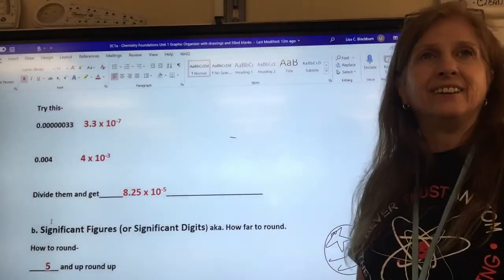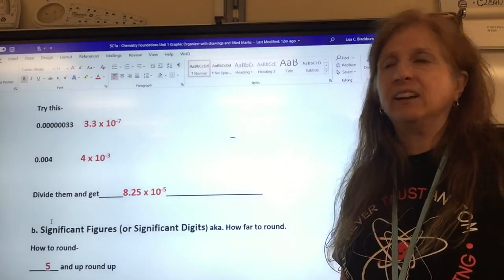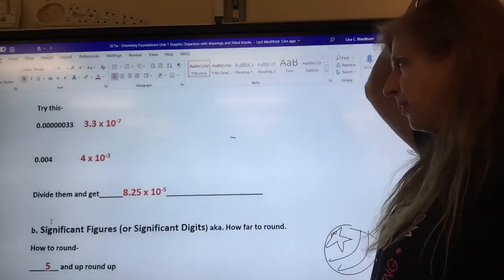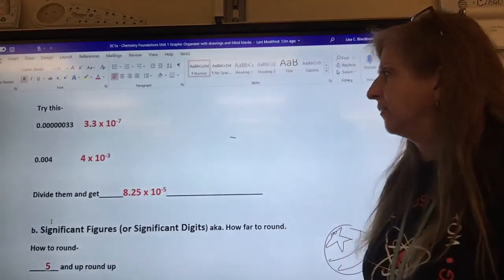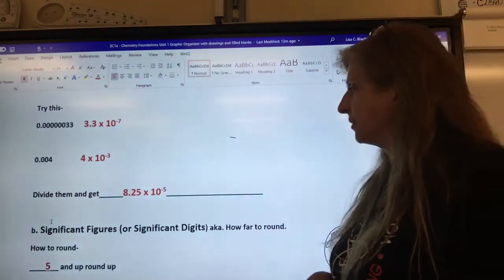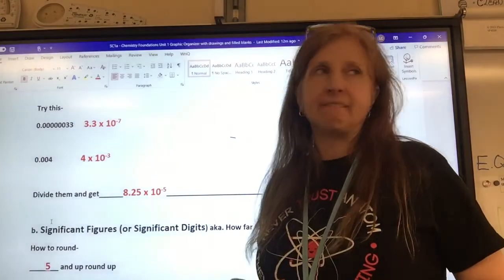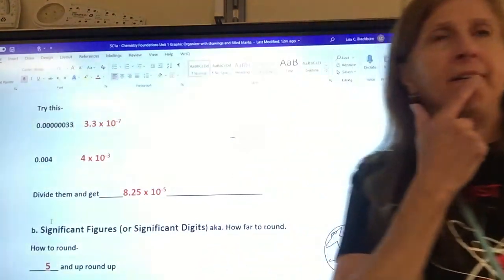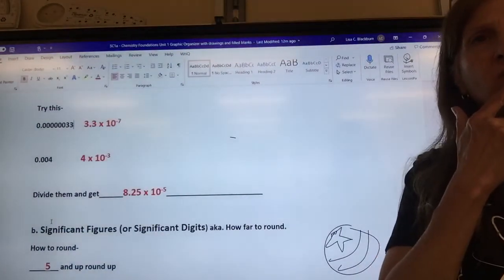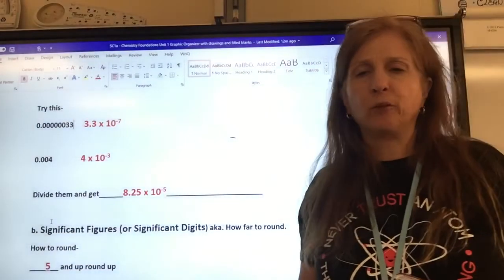Did you get it? Did you try it and did you get it? 3.3 times 10 to the negative 7th divided by 4 times 10 to the negative 3rd, 8.25 times 10 to the negative 5th. Are we good? Can we go on? Some of y'all are still writing, still trying.